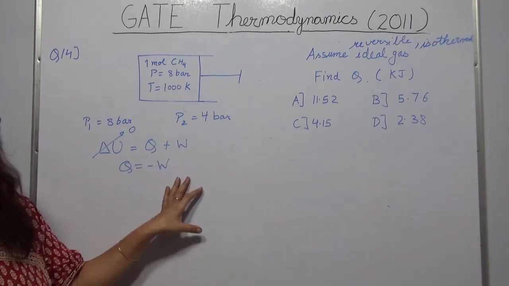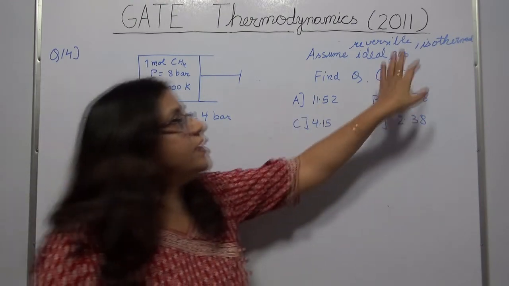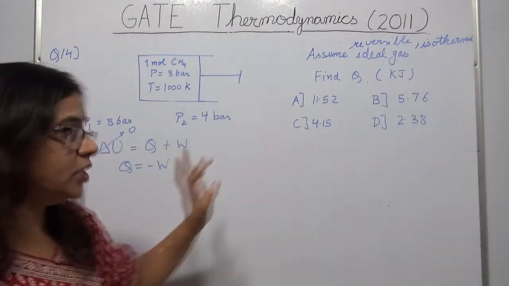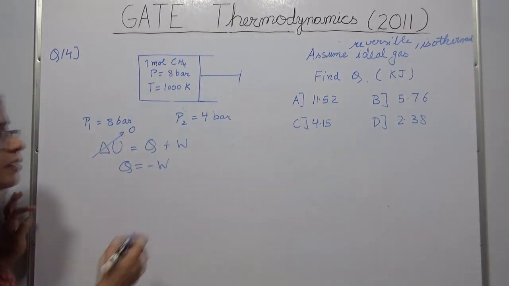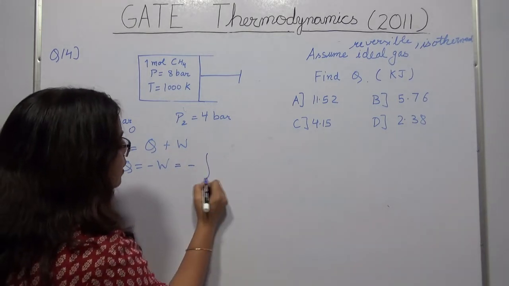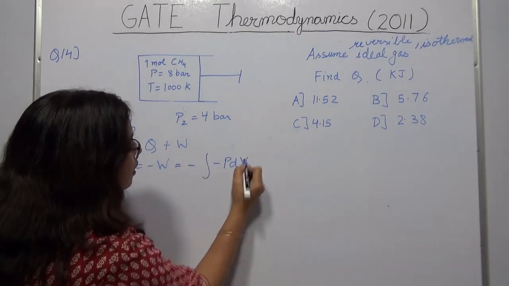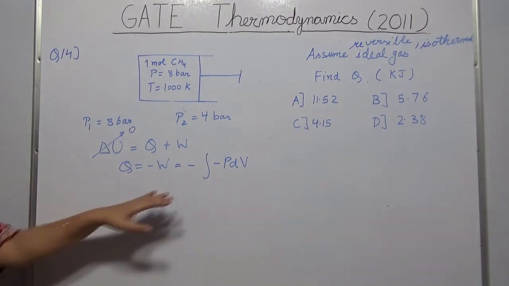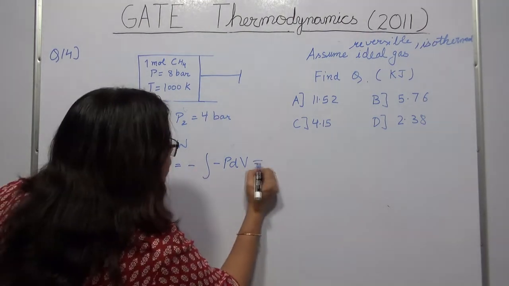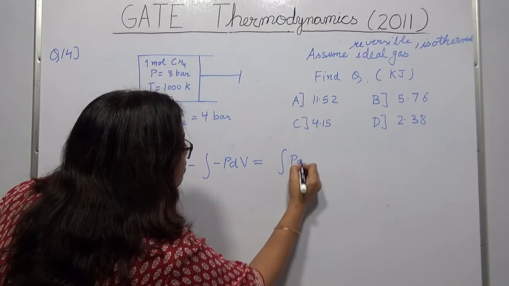Since they have also asked you to assume that this is a reversible expansion, in that case the work done can be calculated by integral of minus PdV. Minus will become plus, and you will have integral PdV.